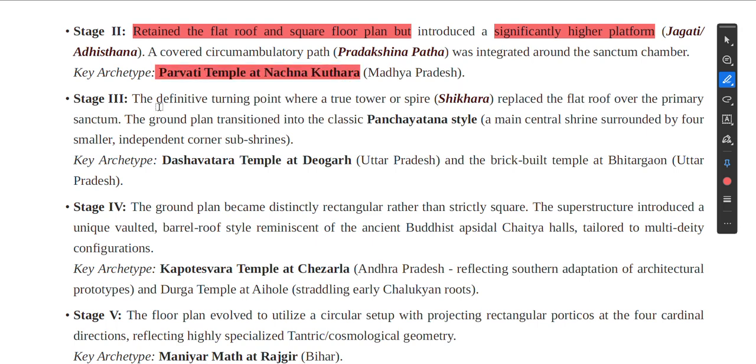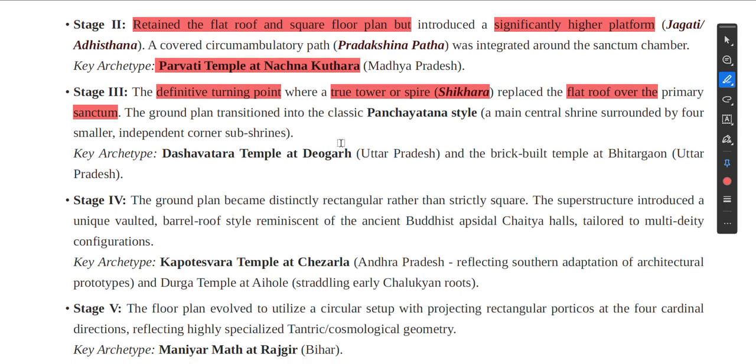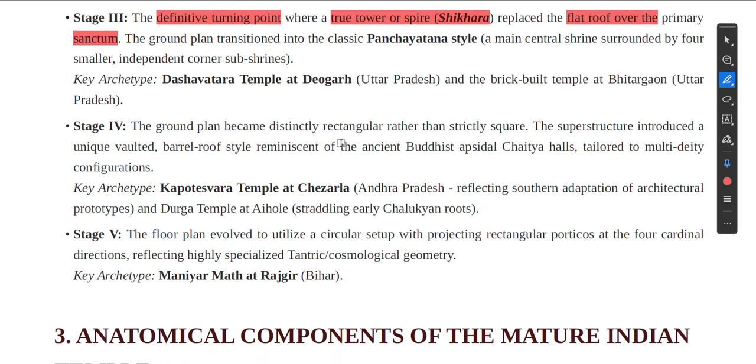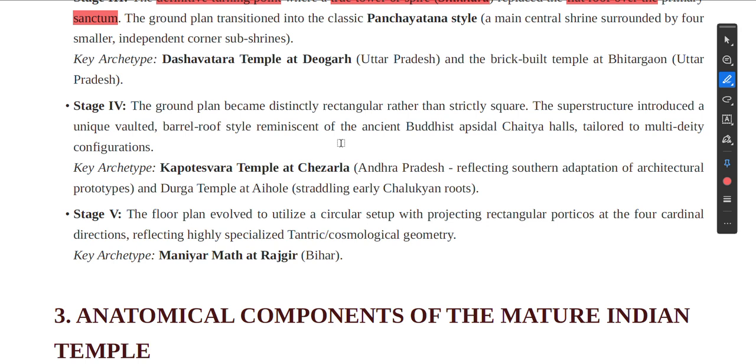Then stage 3, a definitive turning point where a true tower or Shikhara replaced the flat roof over the primary sanctum. The ground plan transitioned into a classic Panchayatana style. The Deogarh temple, Uttar Pradesh, is the example. In fact, this question was asked by UPSC in 2025.